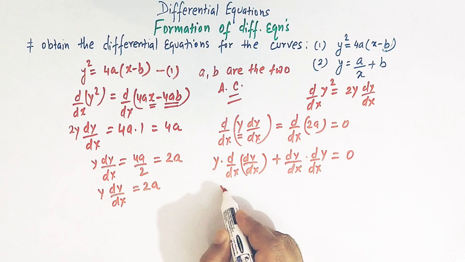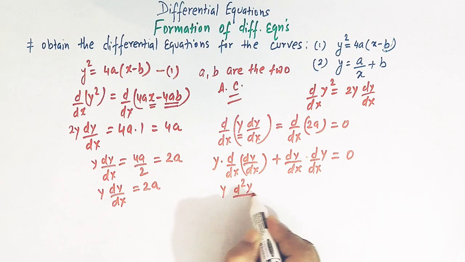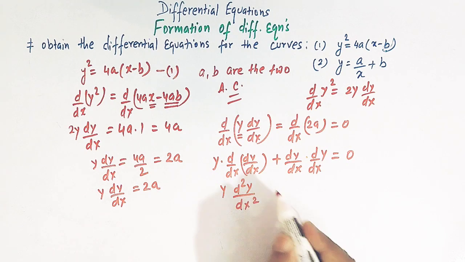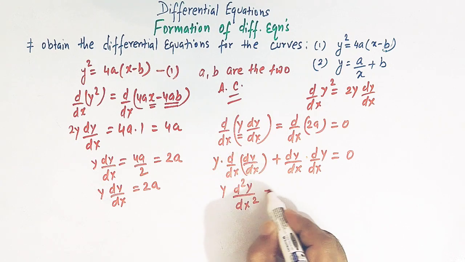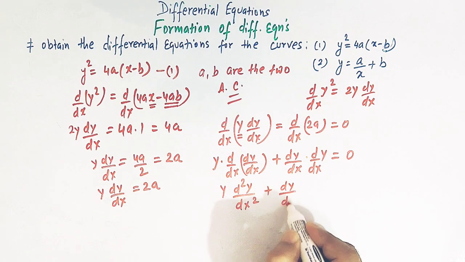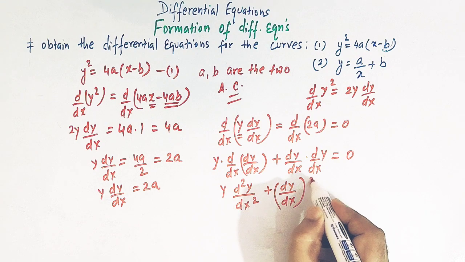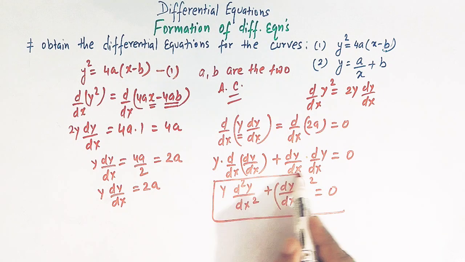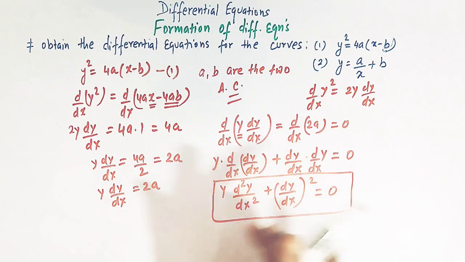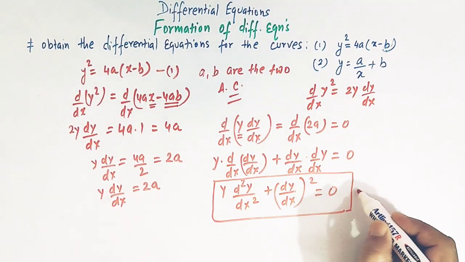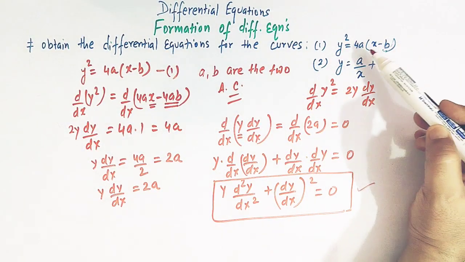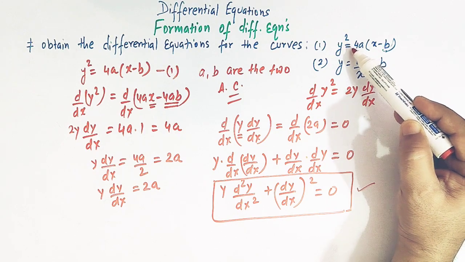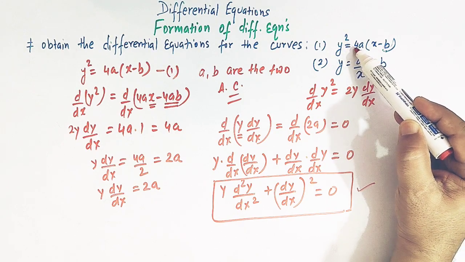So now we have y d2y over dx2, this is the second derivative, plus dy over dx whole square, is equal to 0. Now we see that this equation is free from these two arbitrary constants, and this is the required differential equation corresponding to this algebraic equation.